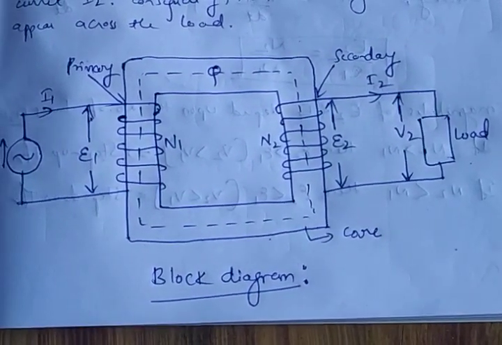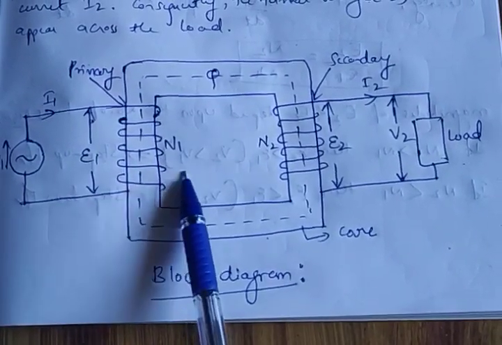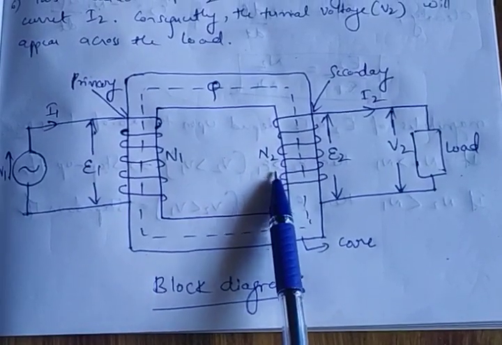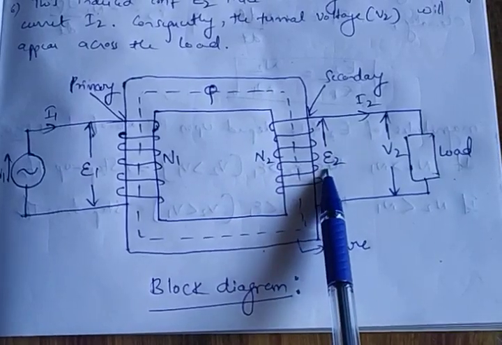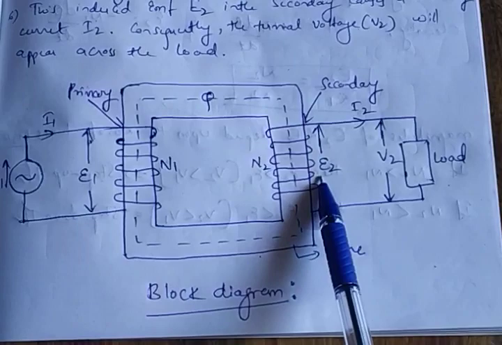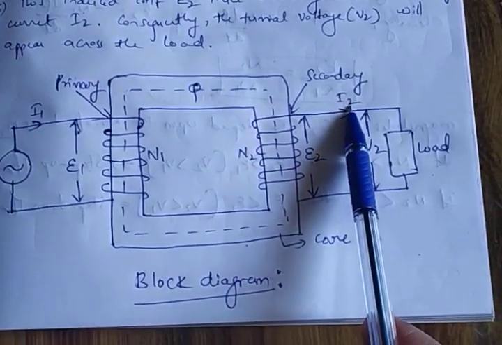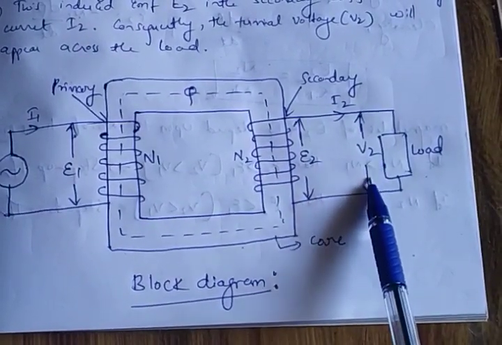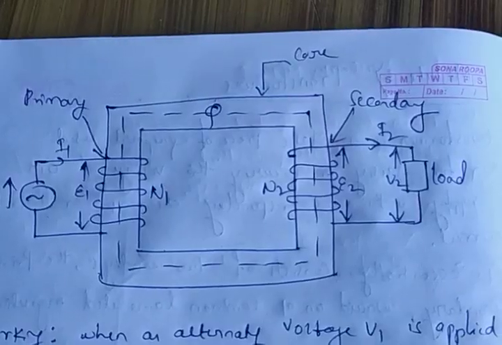So depending upon the number of turns in the primary, that is N1, and the number of turns in the secondary, that is N2, an alternating EMF E2 is induced in the secondary winding. This induced EMF E2 causes a secondary current I2. Consequently, you can see the terminal voltage V2 will appear across the load side.